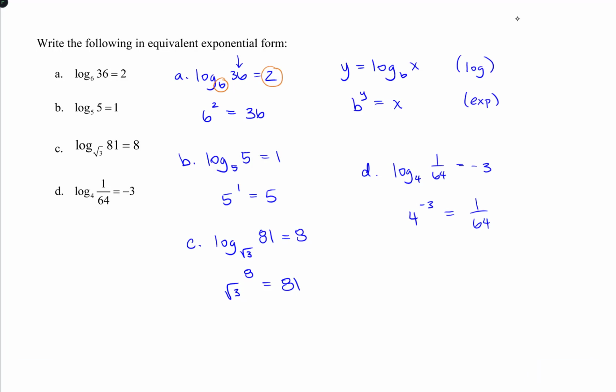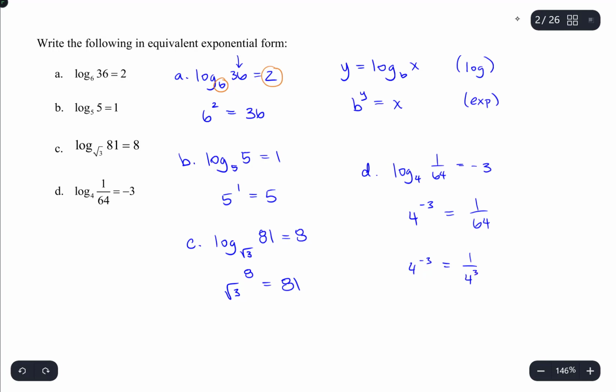And this probably helps shore up the concept of negative exponents, because when you have a negative exponent, what that means is you need to move that term to the other place, from the numerator to the denominator or vice versa. So this would go into the denominator, we make that a positive exponent, and then 4 to the third is 64. So 4 to the negative third power is equal to 1/64.